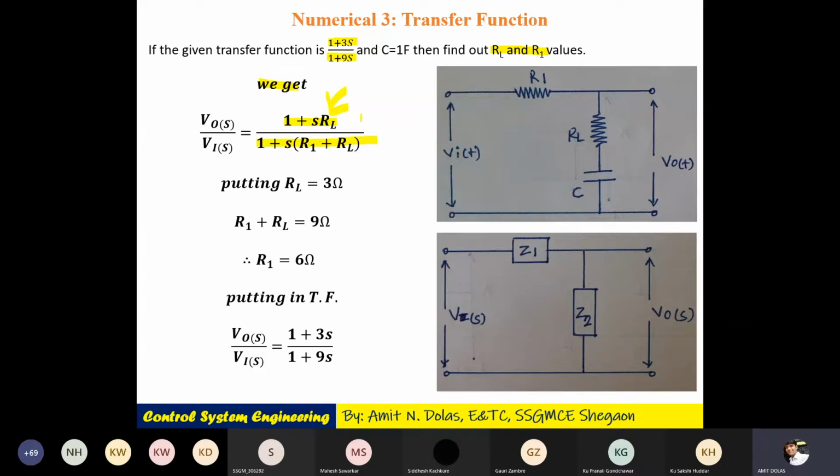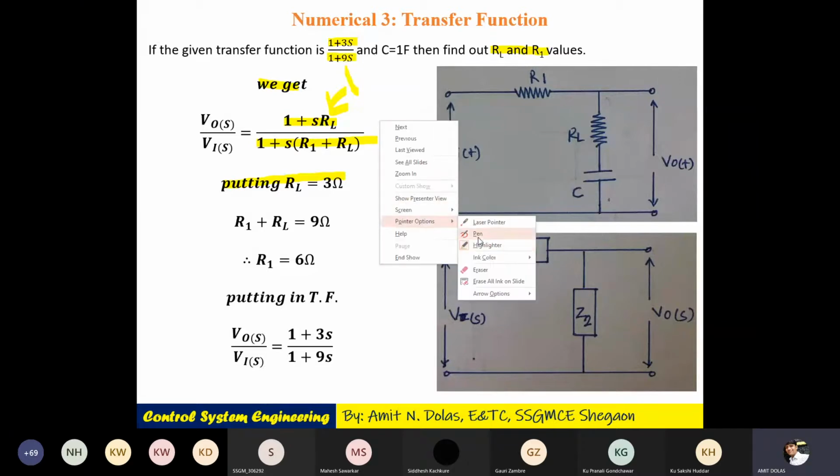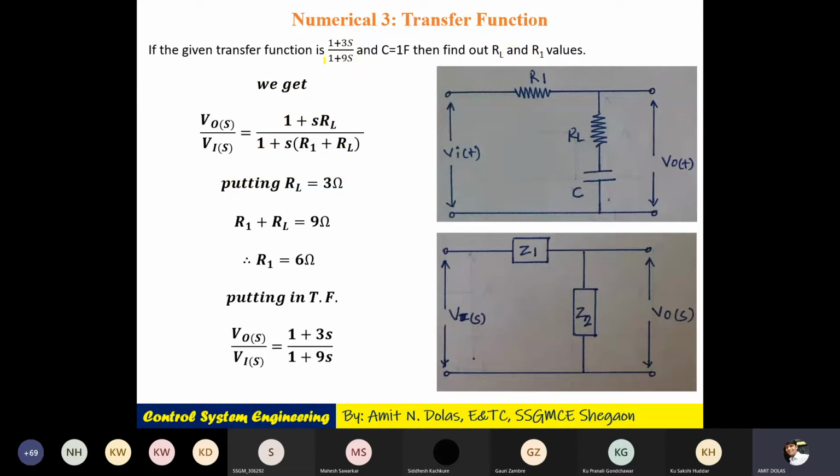If we use RL equal to 3, the numerator will be 1 plus 3s. And of course, what I need in the denominator is 1 plus 9s. Here 1 plus s is there, and to get 9, RL is already 3.